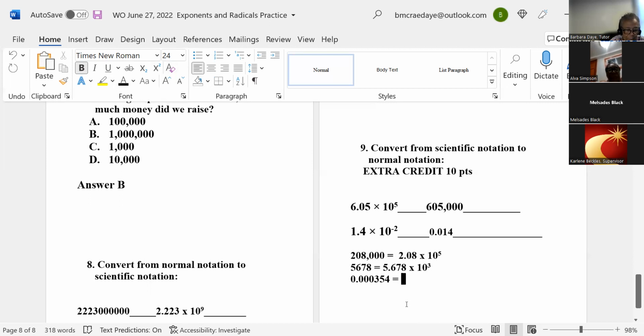Between what two digits will my decimal point go after I shift it? It's right here, and I'm moving it where? You're moving it to the right. That's right. Between what two digits?